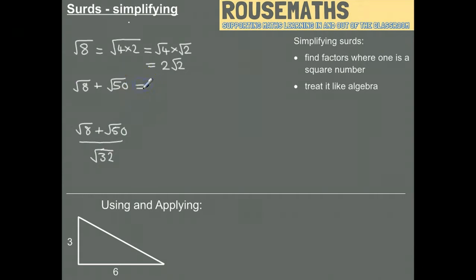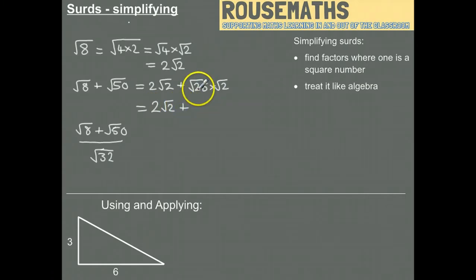So we've already looked at root 8 and we know that that's 2 root 2. We're now going to have a look at the square root of 50. So again, we want to find two factors of 50 where one of them is a square number. So there's 1 and 50, 2 and 25. That sounds promising because we've got 25 and root 2. So that will give us 2 root 2, and that's our root 8.